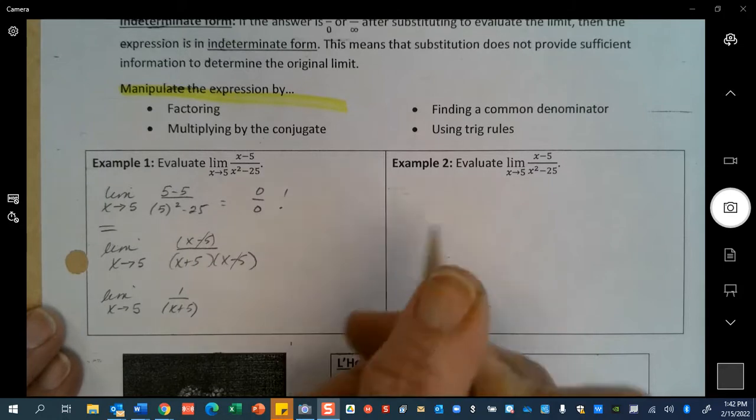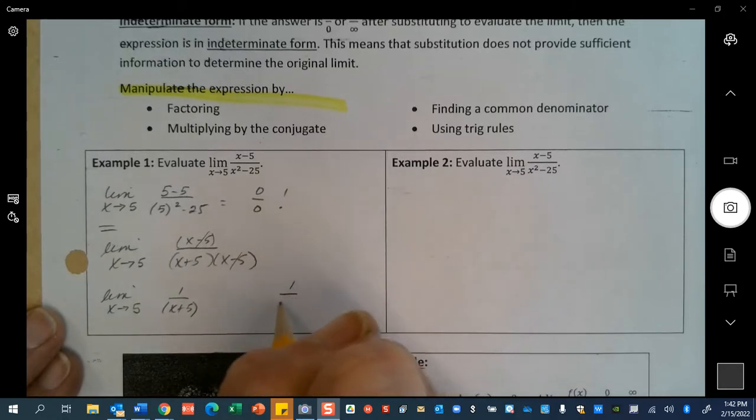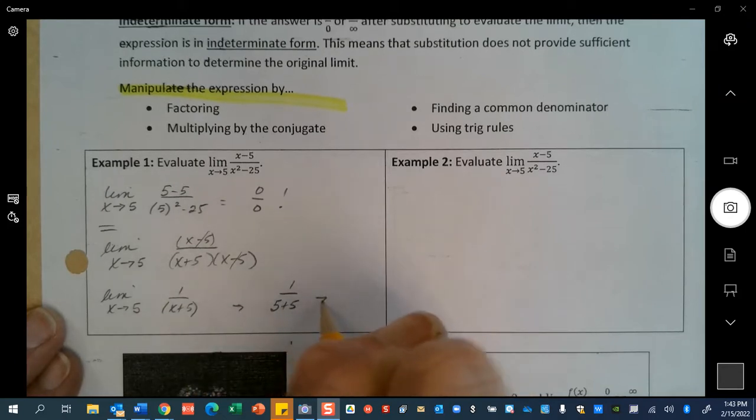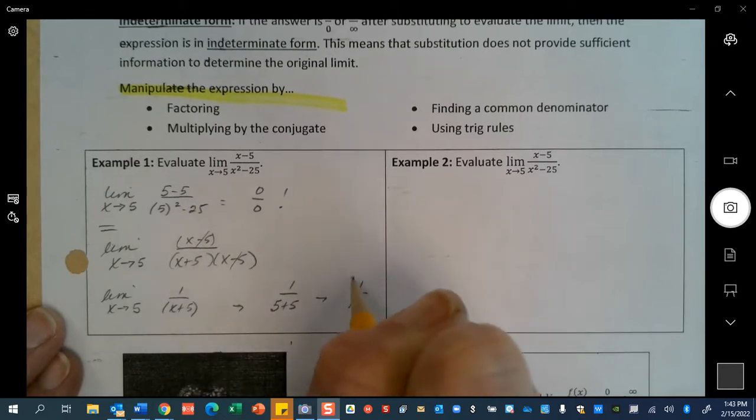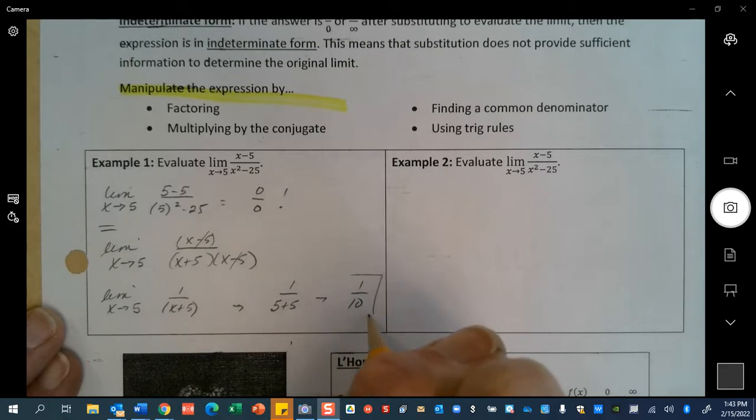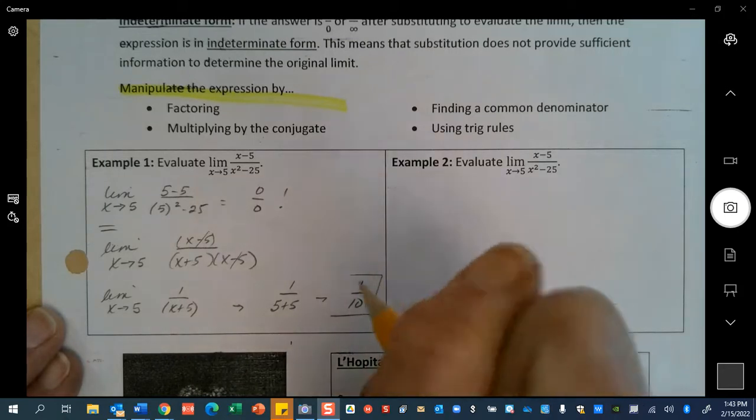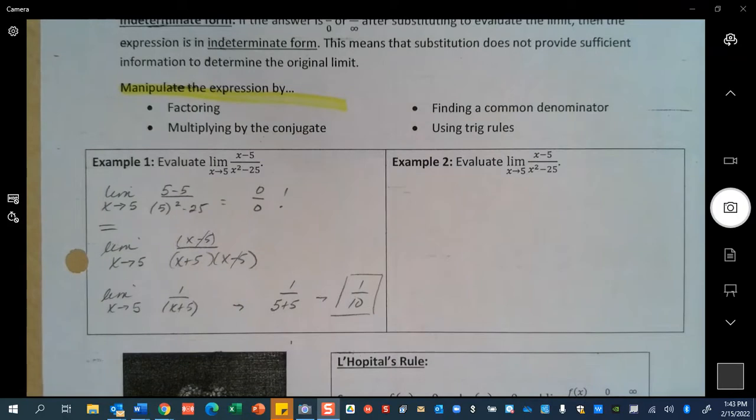When I substitute my 5 in, 1 over 5 plus 5 is when I end up with 1 over 10. Is that okay? All right.